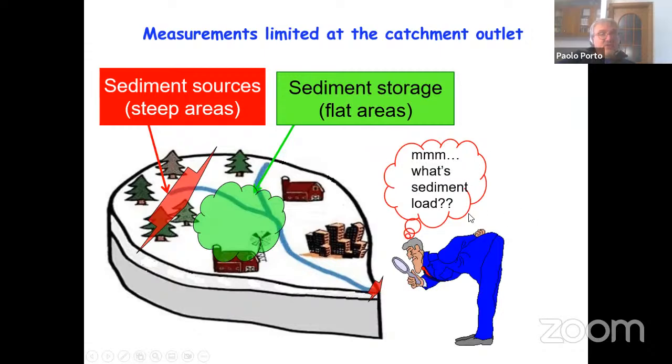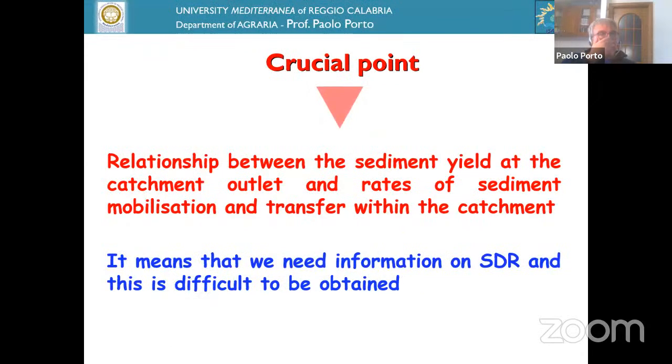And so for this reason, this calibration operation is very difficult if you don't have information on the relationship between the sediment yield at the catchment outlet and the soil that was removed within the catchment. So in other words, you need information on the sediment delivery ratio, and this is very difficult to obtain.